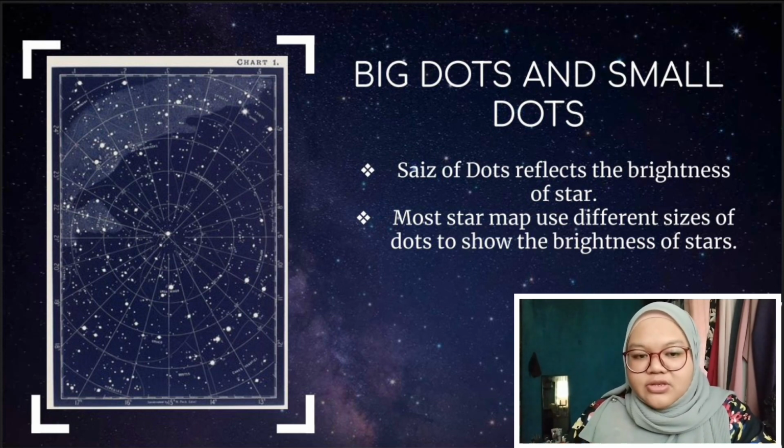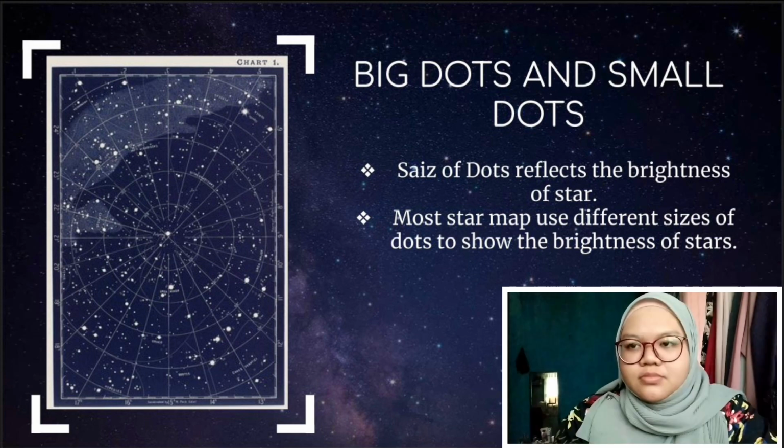The size of the dots reflects the brightness of the stars. The largest dots are the very brightest stars, and the smallest dots are the faintest stars that you will be able to see from a rural sky. Some star charts have a wider range of circle sizes, to include very faint stars that can only be seen in certain conditions or with a telescope or binoculars.